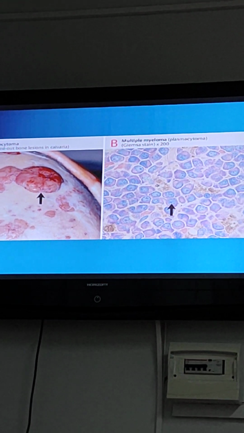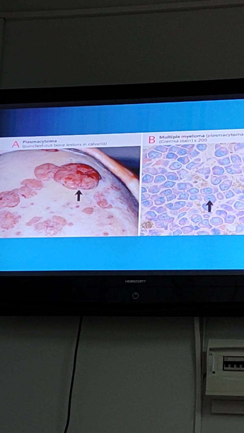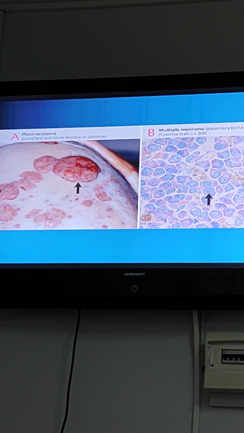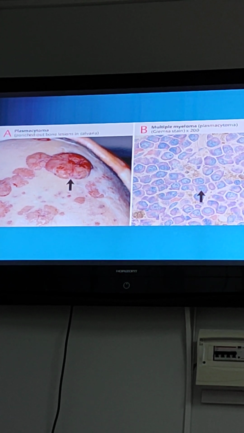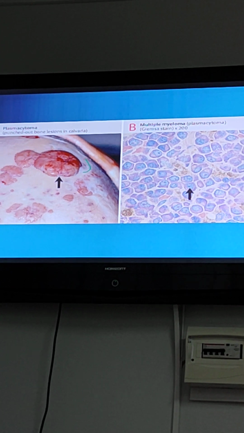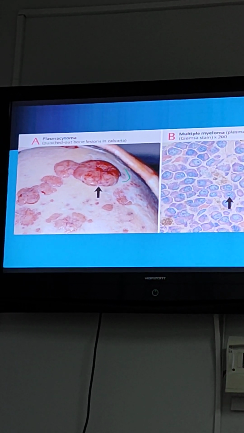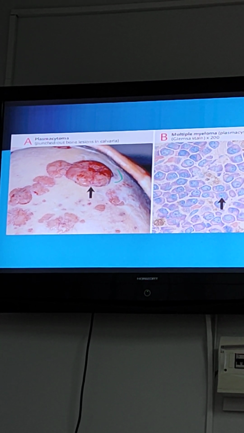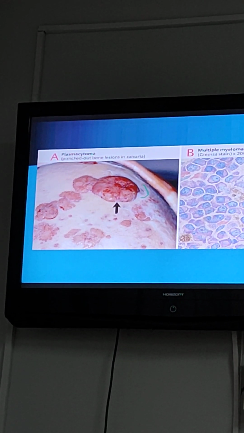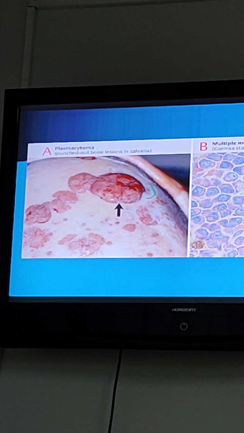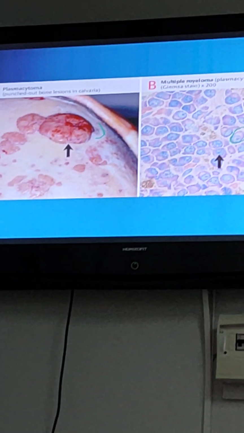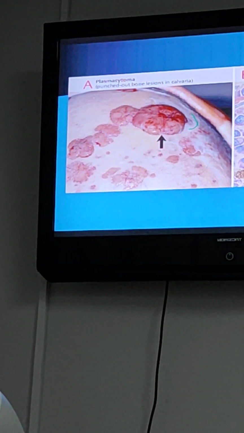This is again the skull, the previous picture before X-ray, from the dura mater side. Here, from outside, the skin is removed and a tumor mass of reddish color is found on the surface of the skull bone. Microscopic examination revealed plasmacytoma, many plasma cells.